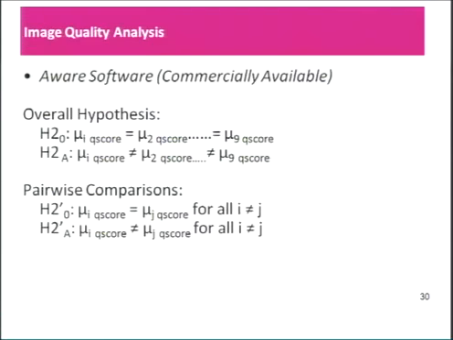The next step performed was a very similar methodology, but here we looked at the image quality of the data sets, and the idea was to see if the mean image quality scores for these 9 different data sets are statistically similar or not.